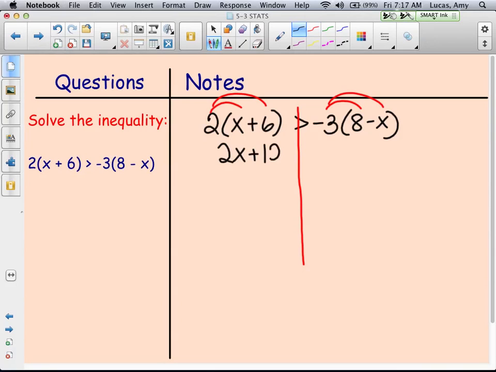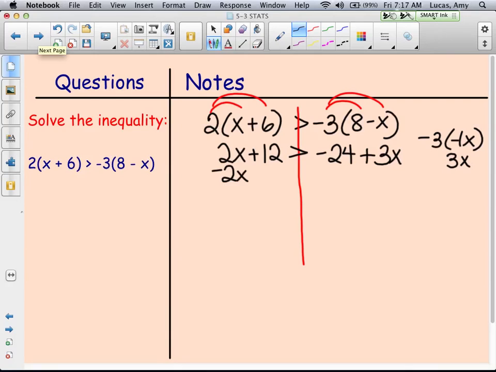That will give me 2x plus 12 and negative 24 plus 3x. Be really careful with your signs when you're distributing a negative number, like the negative 3. A negative times a positive is a negative, but a negative times a negative is a positive. And negative 3 times negative x, if I put a 1 in front, would be times negative 1x, so it gives you positive 3x. Now I've got a variable on each side.